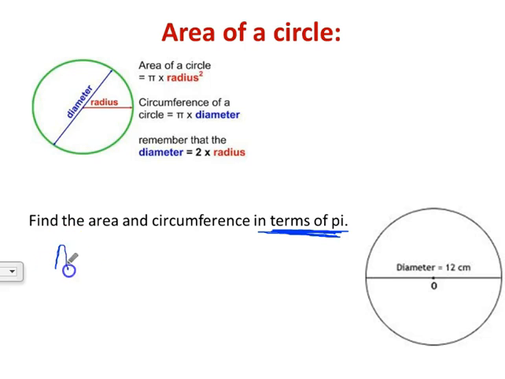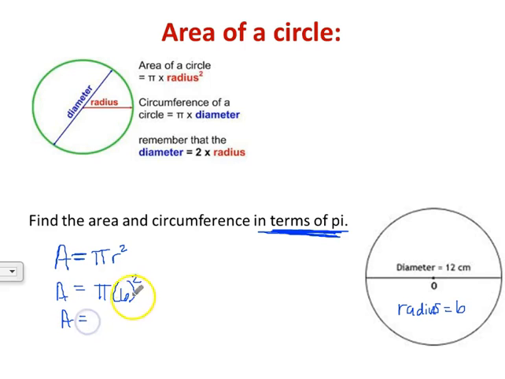Let me show you an example here. To find area, we know area equals pi r squared. When we say find it in terms of pi, we're going to keep pi in our answer. What's the radius of this circle here on the right? If the diameter is 12, the radius has to be half of that. So the radius would be 6. Area equals pi, radius is 6 squared.